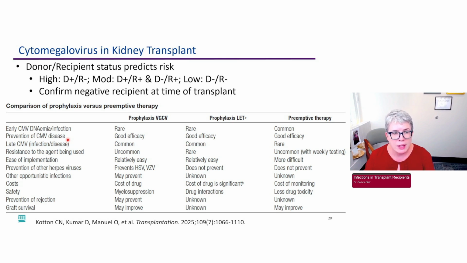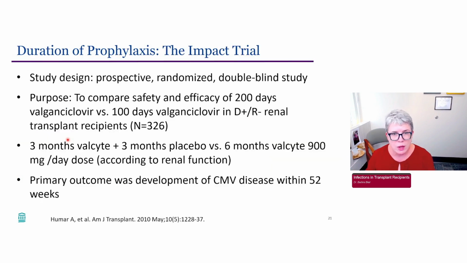Valganciclovir and letermovir work as well, and we'll talk a little bit about that. So how did we decide on 6 months for high-risk CMV prevention prophylaxis? It came from this study, the IMPACT trial, published in 2010.